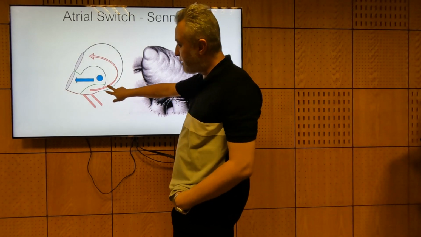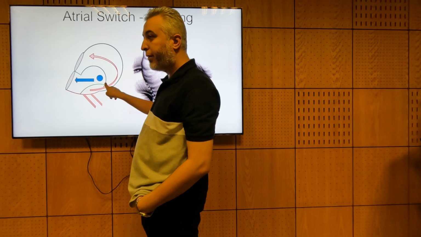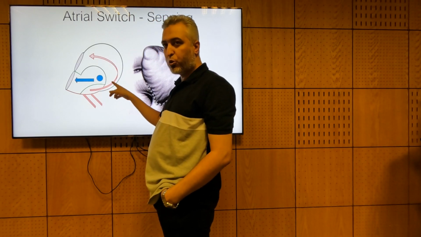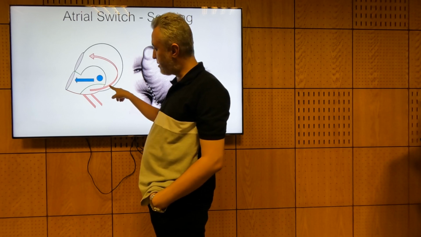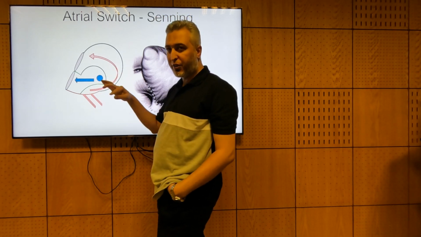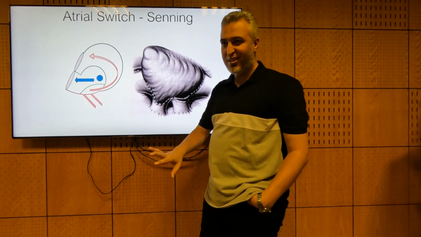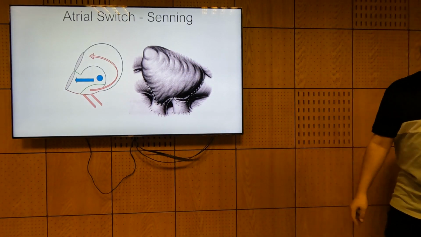And you can appreciate that this is the narrowest point, and that's why pulmonary venous obstruction is more common with the Senning because of this. There have been modifications to the operation to avoid this, but we will not complicate things further.